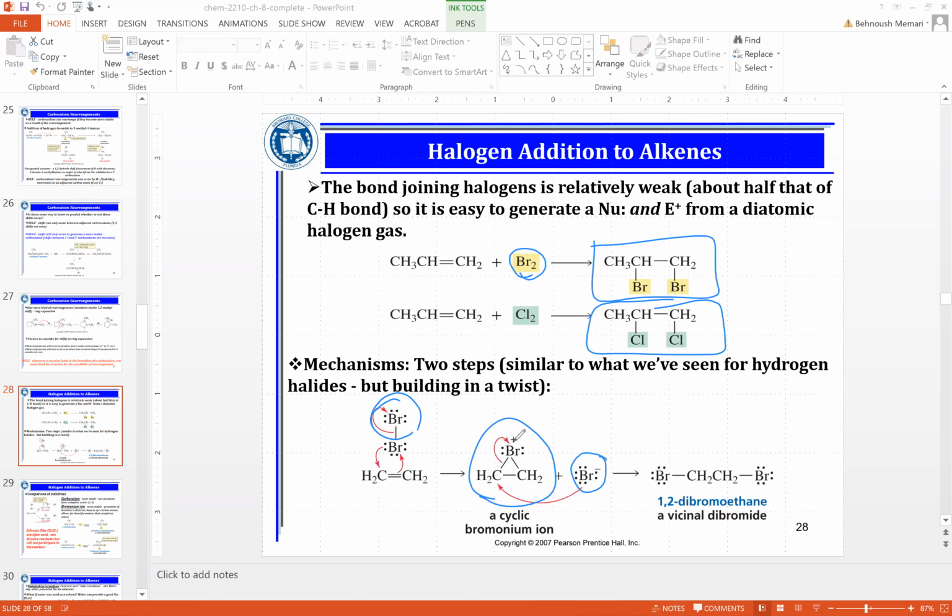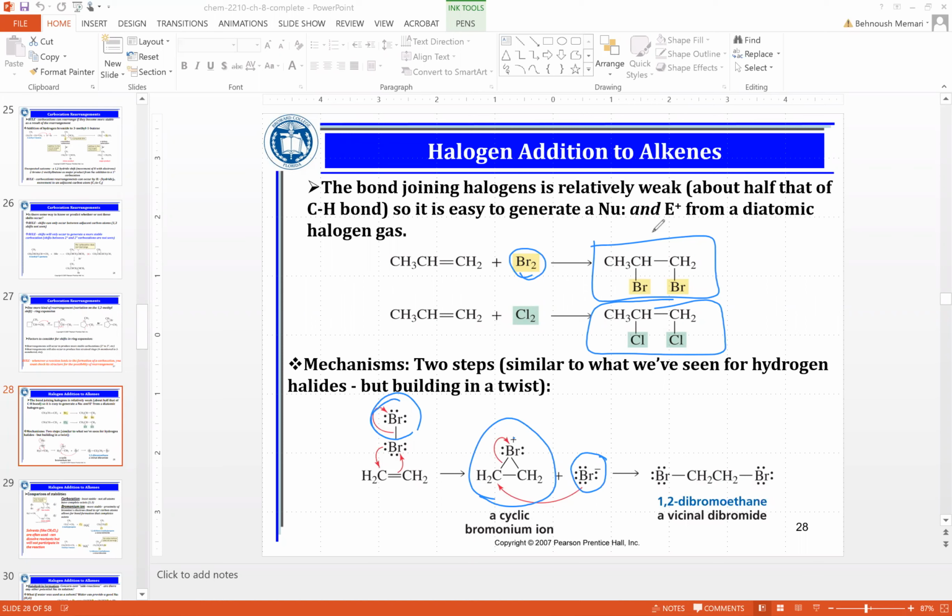So it's going to bring the plus charge into the ring. Based on the mechanism, a triangle is going to form. It's easier to just say that a triangle forms when there is a halogenation.